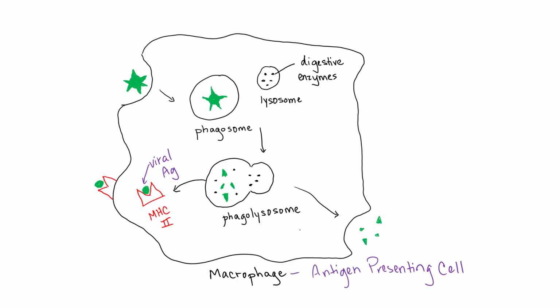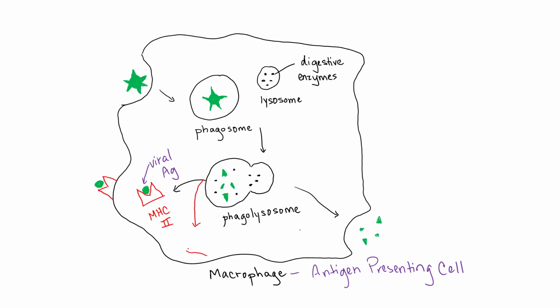Now recall that the macrophage can display MHC class II. However, it can also display antigen complexed to MHC class I as well. So I'm going to add that little detail to our diagram.